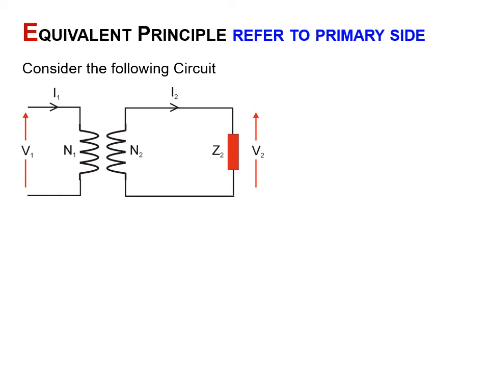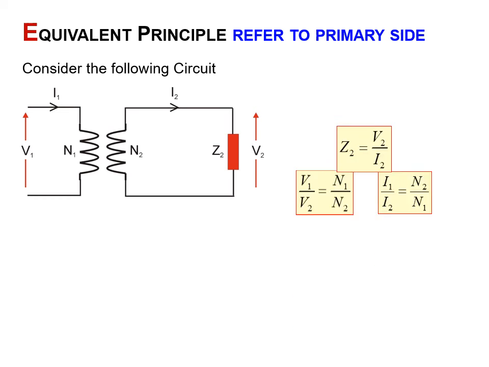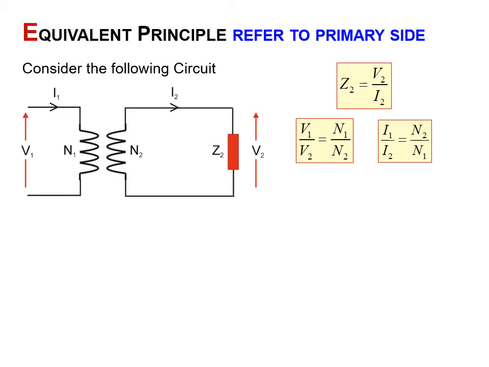Let's consider if we just have this ideal transformer and an impedance as a load. We can say that Z2 is equal to V2 over I2. But from our transformer equations, we know that V1 over V2 is equal to N1 over N2, and I1 over I2 is equal to N2 over N1.